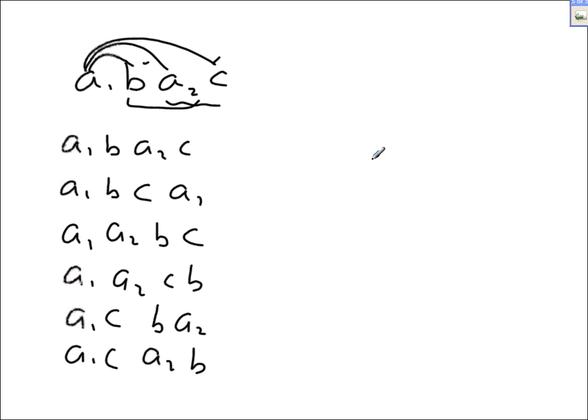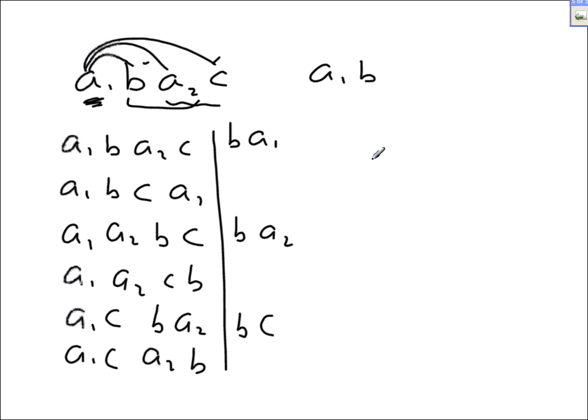That's with A1 first. Well, why couldn't B be first? First, I'll do B and then A1. And then I'll do B and A2. And then I'll do B first and then C. But after doing B, let me write the letters down again since I drew on them so much. If I do B and A1, well then those 2 remain. I can have A2 first and then C, or I can have C and then A2 first.